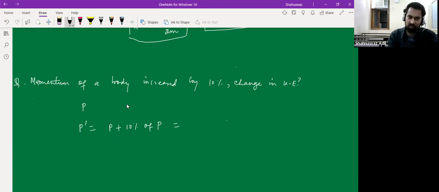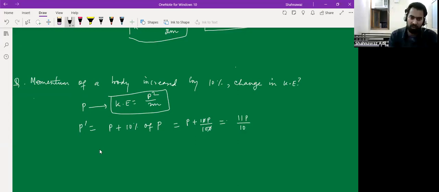For this P, the kinetic energy was P square by 2m. And for the new momentum, P plus 10P by 100, this becomes 11P by 10. So your new kinetic energy will be P prime square by 2m.